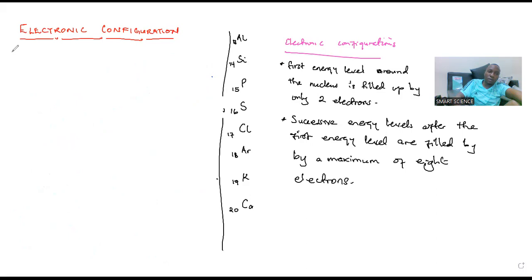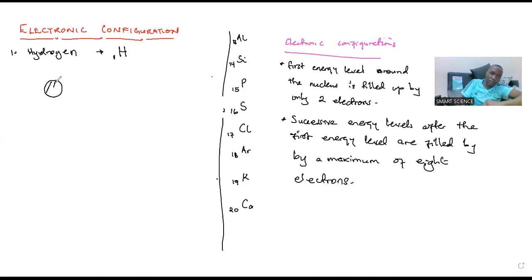I'll begin with element number 1, which is hydrogen. Hydrogen has a symbol of capital H, and its atomic number is 1. When you come to draw, we take an example.